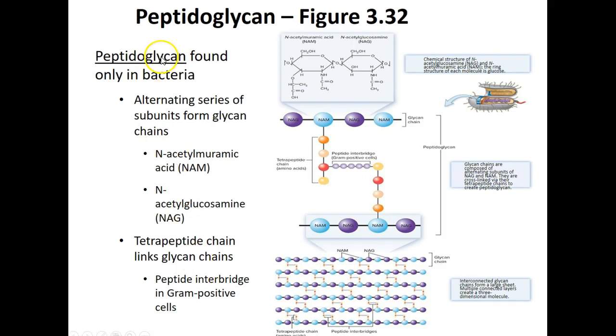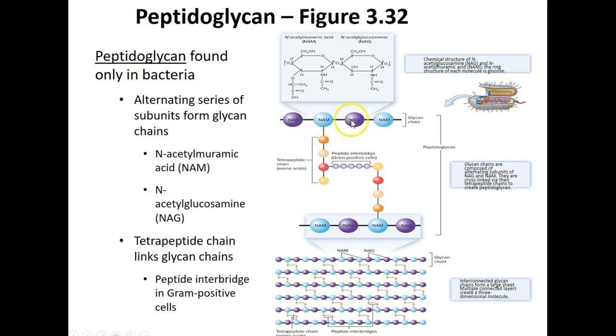Now, peptidoglycan is found in bacterial cell walls, and is actually a polysaccharide chain formed from subunits called N-acetylmuramic acid, or NAM, and N-acetylglucosamine, NAG. So a lot of times we say that you have NAG and NAM residues. You see the NAG represented by the purple spheres, the NAM by the blue.